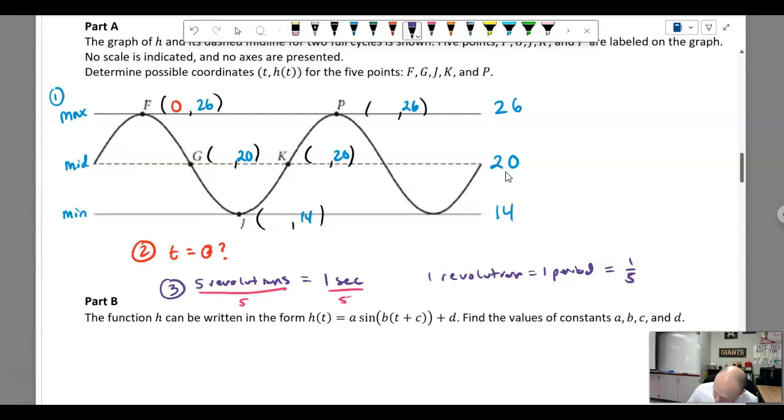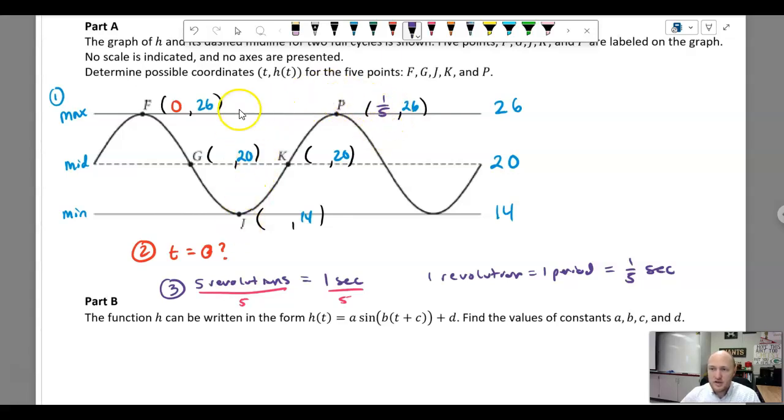A couple of ways you could do this: I can make this 1/5, or if you really like decimals, that could be 0.2. And then I just have to backfill these other values.